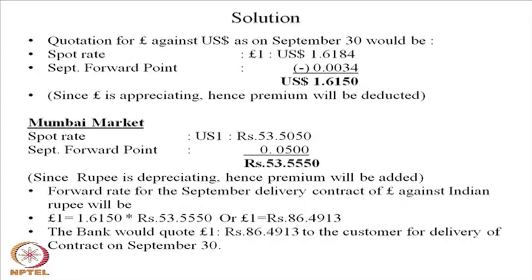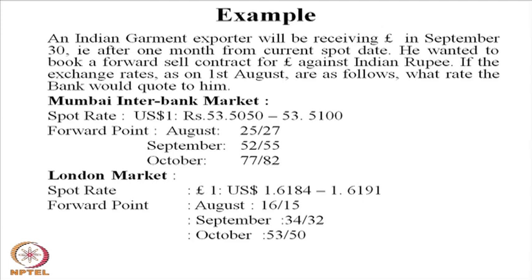And in this process, what is the calculation for us? As we discussed in earlier classes, you have to go for a cross currency forward agreement. So, the exporter is surrendering what? The Indian garment exporter is surrendering pound sterling. The pound sterling will be coming to us on September 30th, that is within 1 month from now.